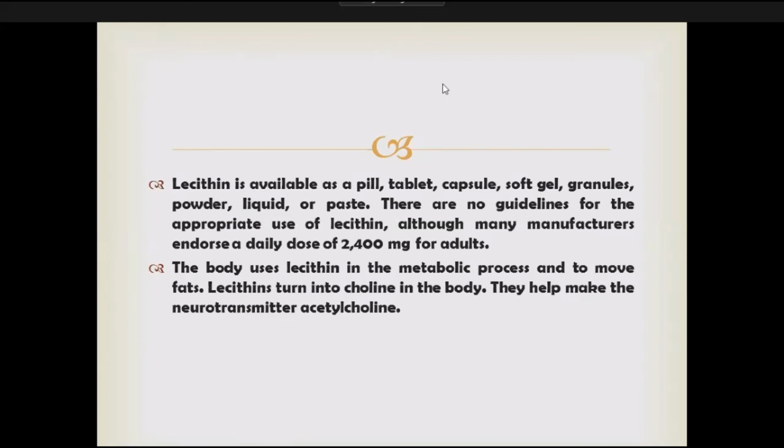Your body uses lecithin in the metabolic process and to move fats. Lecithins are turned into choline in the body, and this choline is further used to make the neurotransmitter acetylcholine.